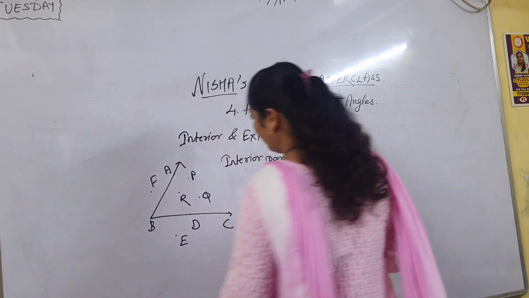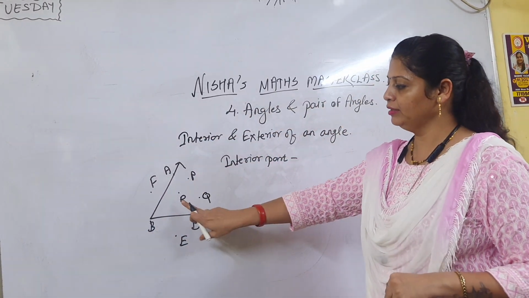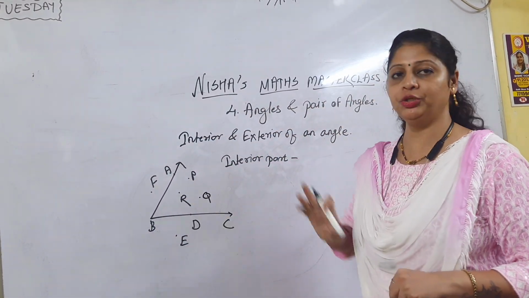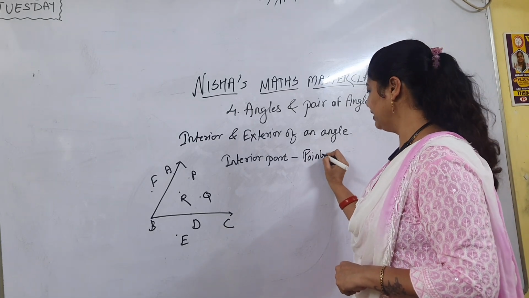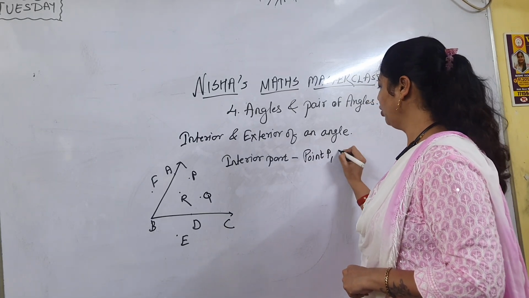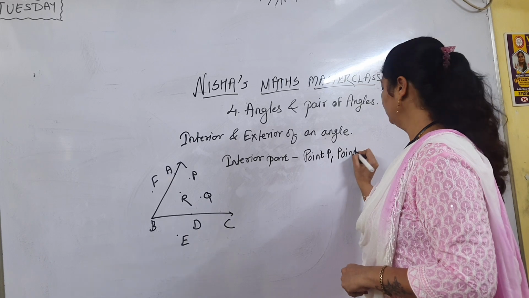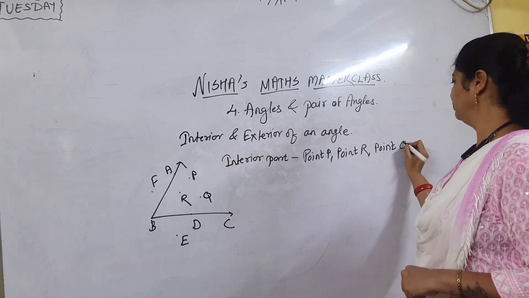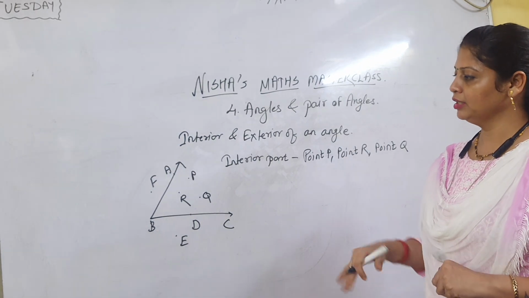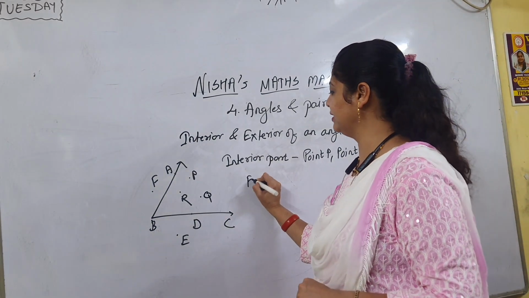So in the interior part, there are point P, point R and point Q. We have to write the word point. Point P, point R, point Q. Understood children?